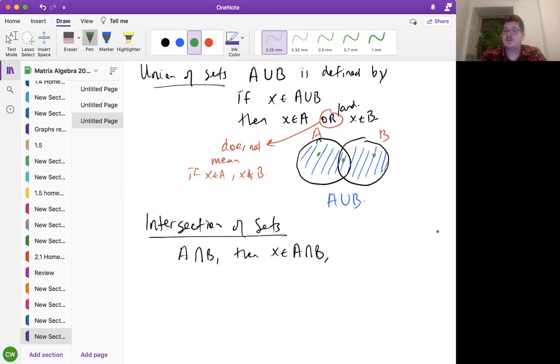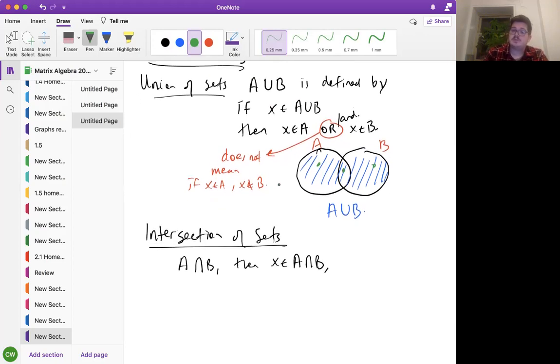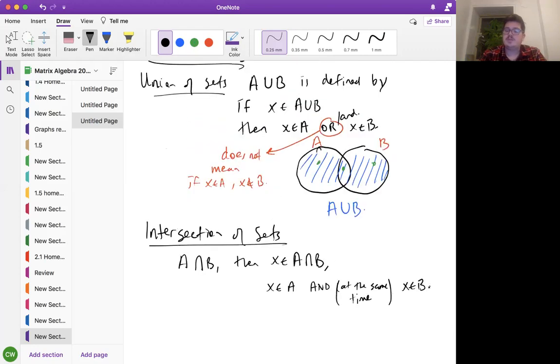That's for union. Do you see the difference? But if it's an intersection, then X is in A and at the same time X is in B. So when we say and, we mean it needs to be in both.